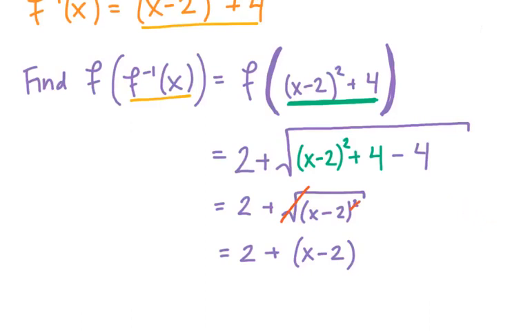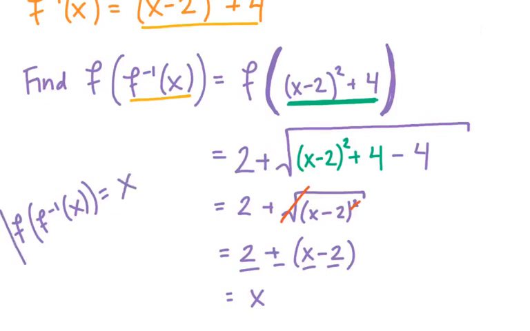But if I continue simplifying, that now means I've got 2 plus x minus 2, which simplifies to just x. Okay, that's cool. So far we found, I'll just summarize, that the function composed with the inverse is equal just to x. So I'm going to go ahead and box that off as our first result.